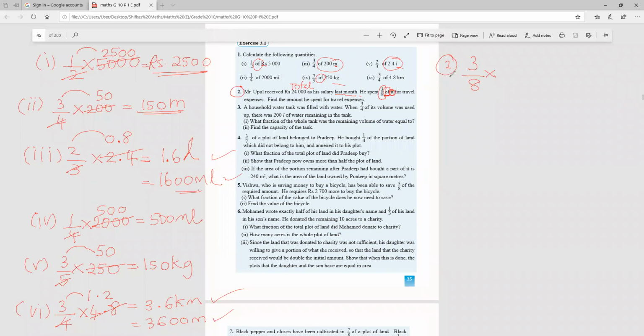What is "it"? Salary. Which salary he spent? 3/8 of 24,000. We can simplify 24 by 8, which is 3,000. 3 into 3,000 is rupees 9,000. He spent this for traveling expenses.